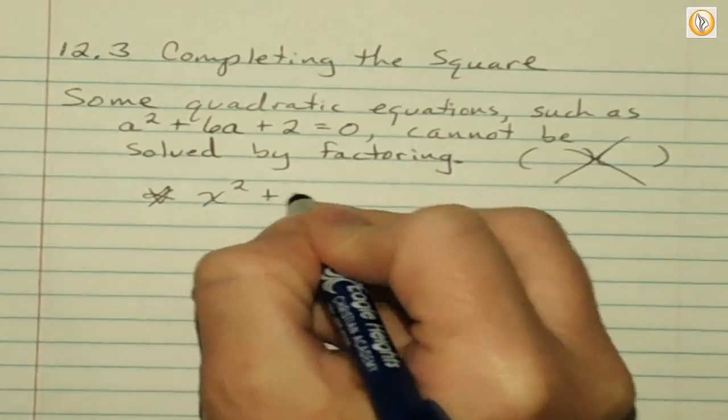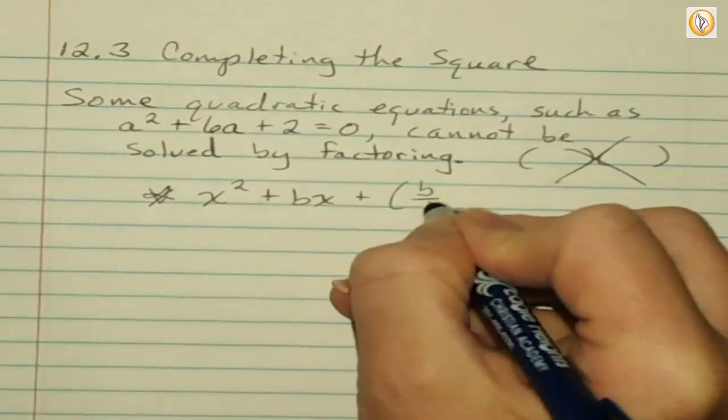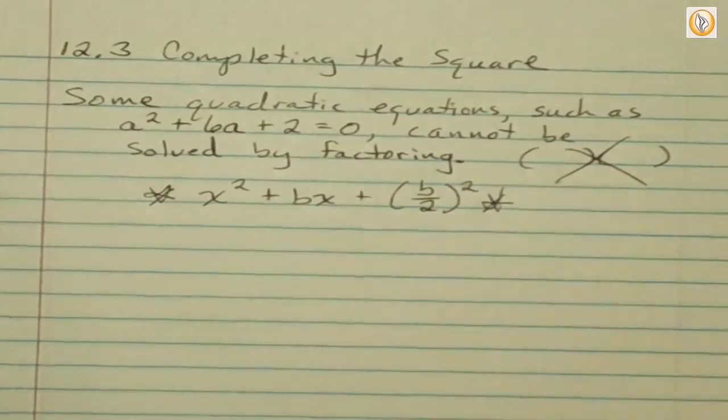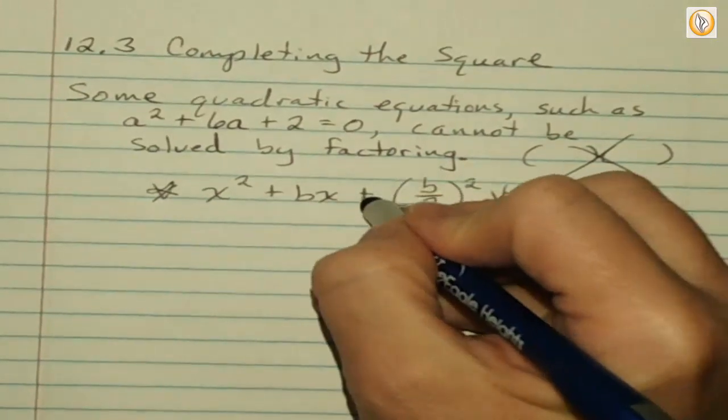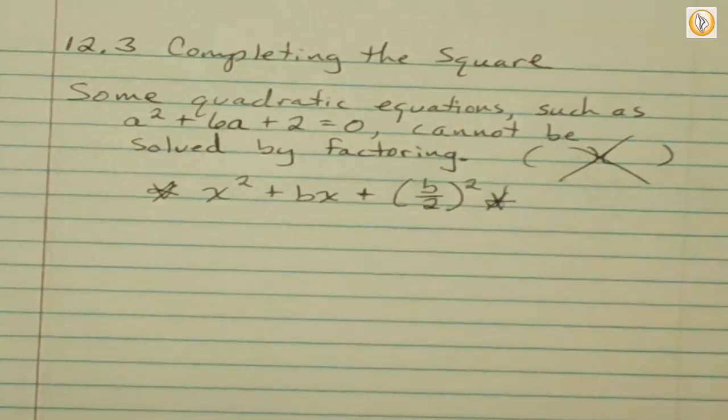X squared plus bx plus b divided by 2 squared. Okay, we're going to talk about that. Basically, they have this right here to help out. So write that down.